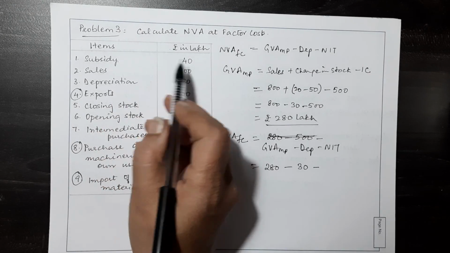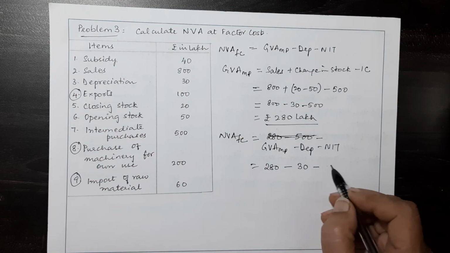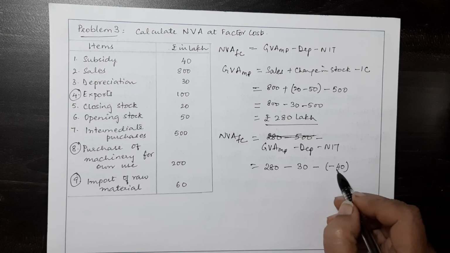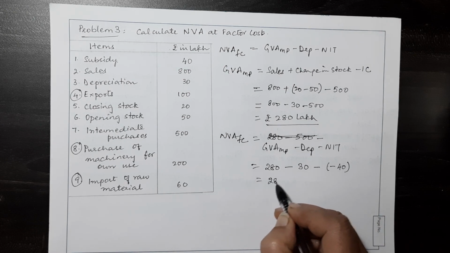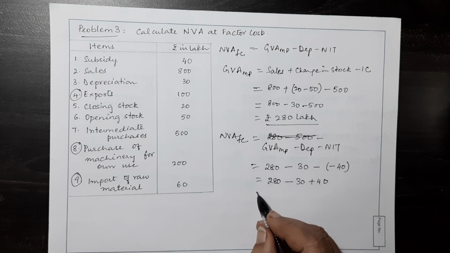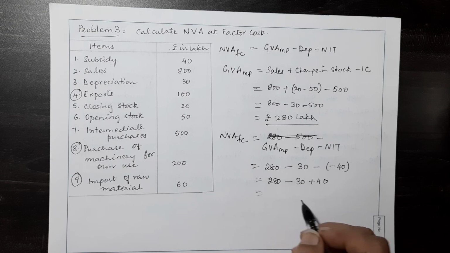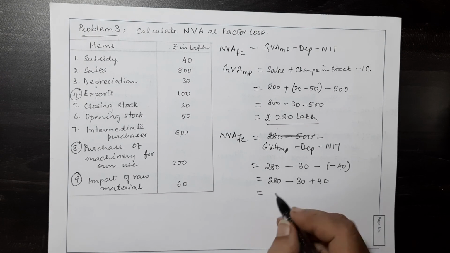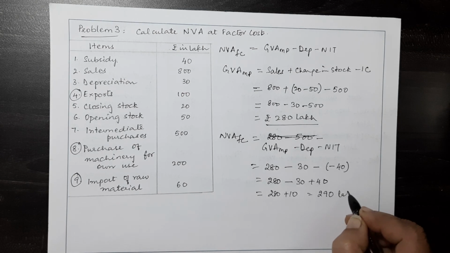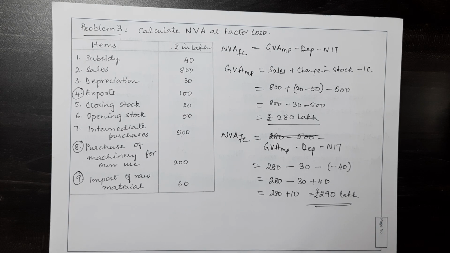We are given subsidy, but indirect taxes is not given. So this will become minus 40 because it is indirect tax minus subsidy, na? So it will become minus. So this will become 280 minus 30 plus 40. Okay, so this will be 30 minus 40, 280 plus 10 equal to 290 lakh. So that is the calculation for NVAFC.